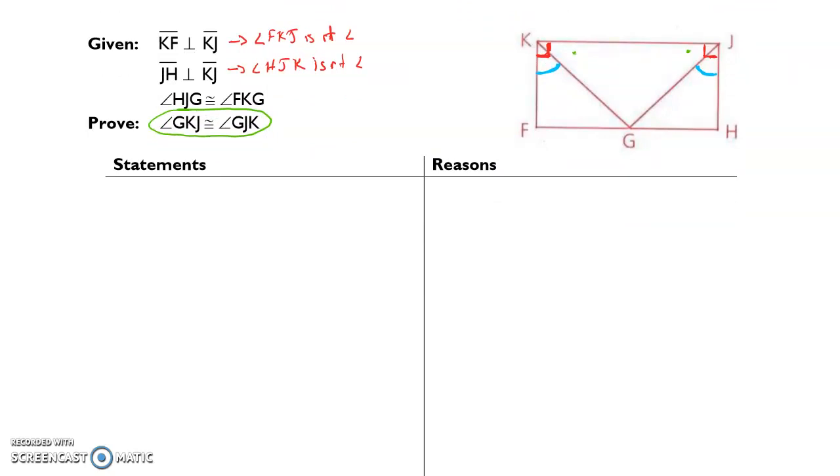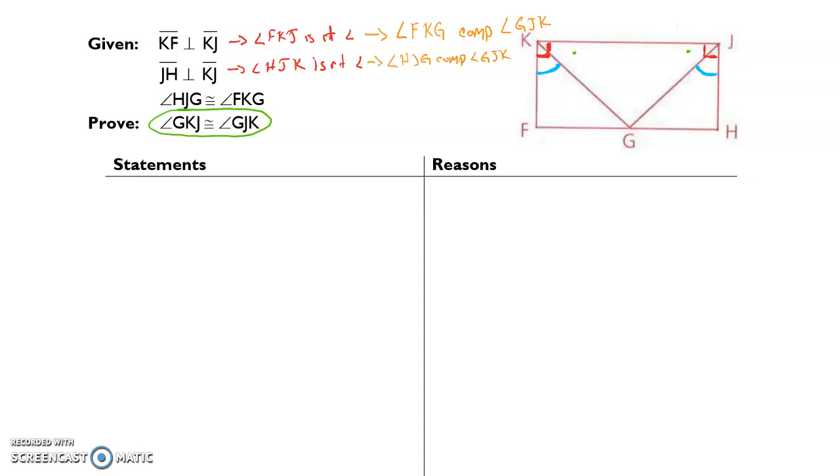While there are a few ways to do this proof, I want to use some of these theorems that we just came up with. So now that I know I have a right angle, I can conclude that we have complementary angles. Specifically, that angle FKG is complementary to angle GJK, and that angle HJG is complementary to angle GJK.